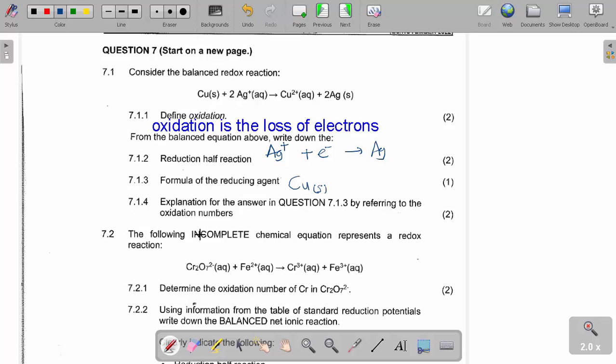Okay. Then this explanation for the answer by finding the oxidation numbers. Now, if you look at our copper, it has been oxidized from 0. This is copper 0 because it's not combined, to copper 2.